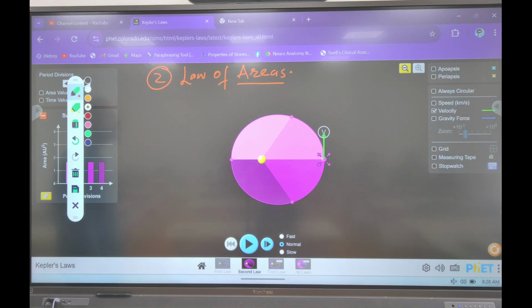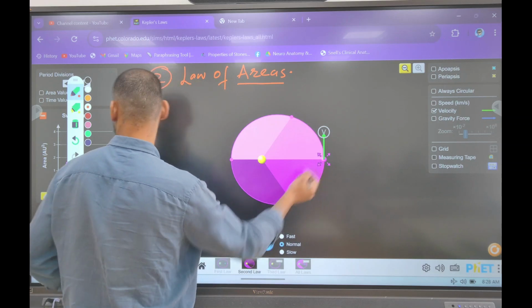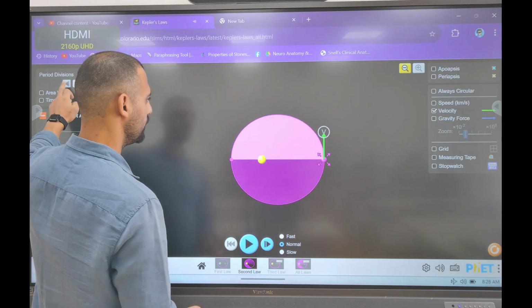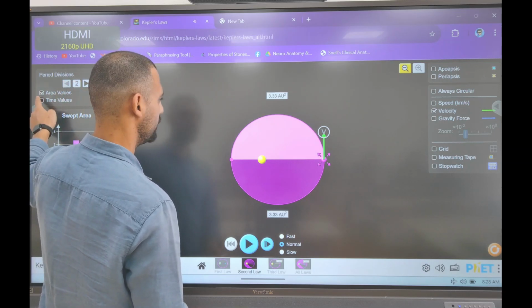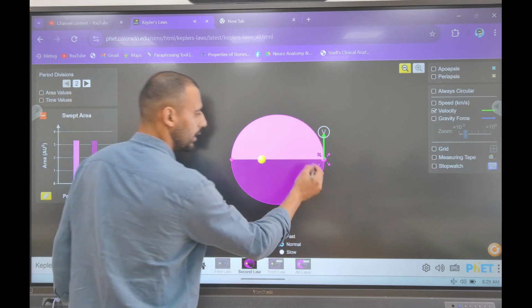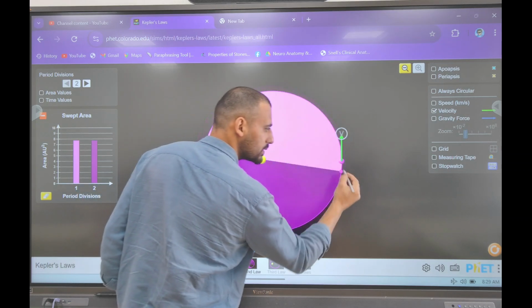What is the statement of this law? First of all, as I told you before, the planet at one point during the motion on the elliptical path, it is the farthest, isn't it?